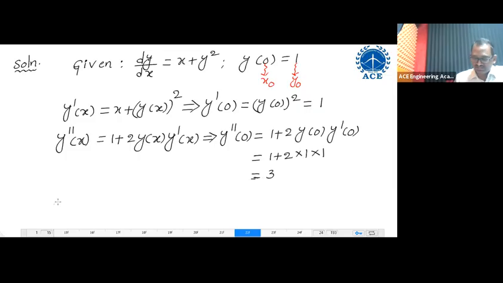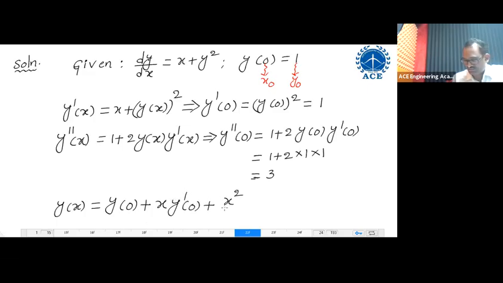Write down. The Taylor series up to the second derivative is y of x is equal to y of x naught, which is 0, plus x minus x naught into y dash of x naught, which means y dash of 0, plus (x minus x naught) whole square by 2 factorial into y double dash of x naught.